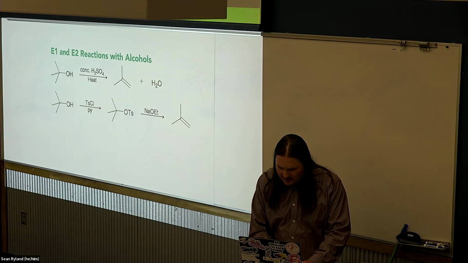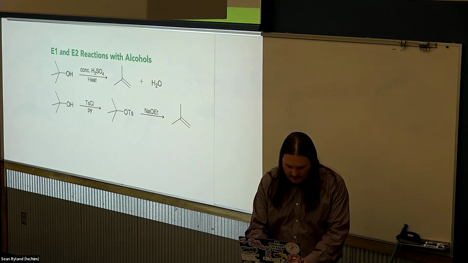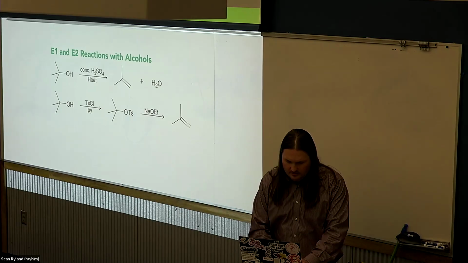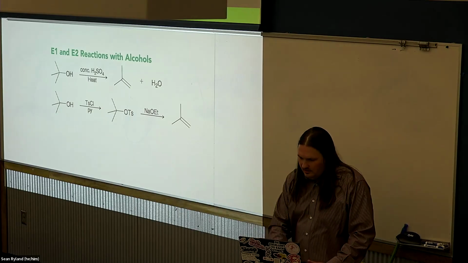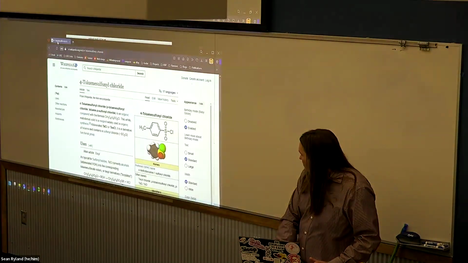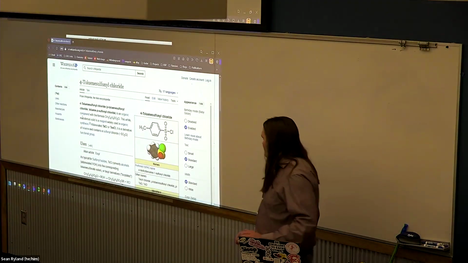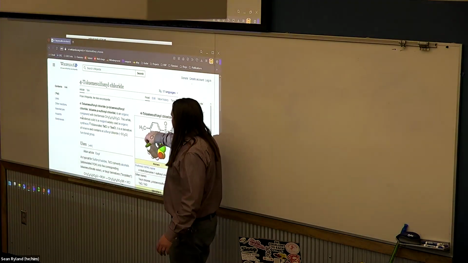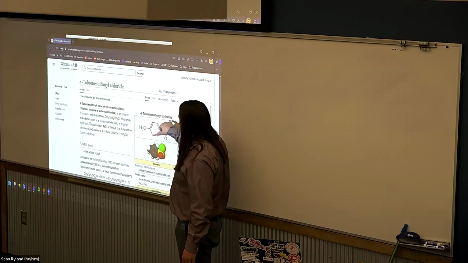And just because I don't have the actual structure here, give me a second, we'll pull it up. So tosyl chloride looks like this. Its full name is p-toluenesulfonyl chloride.